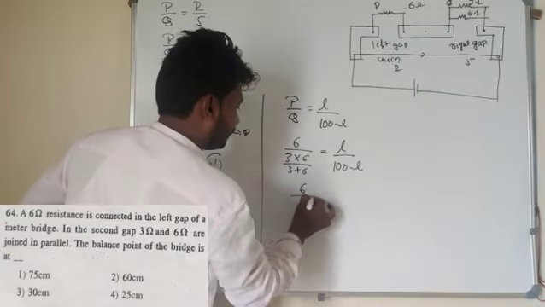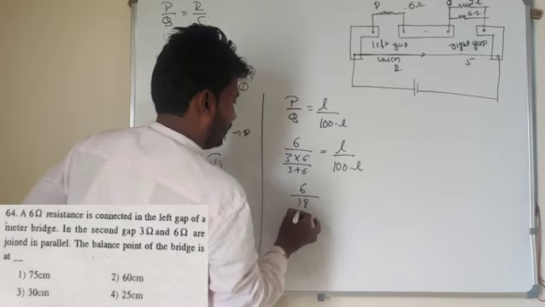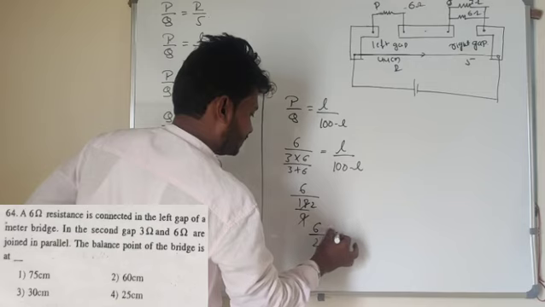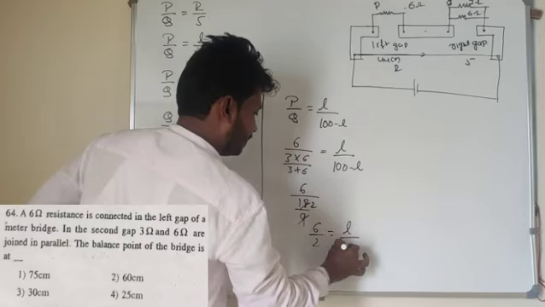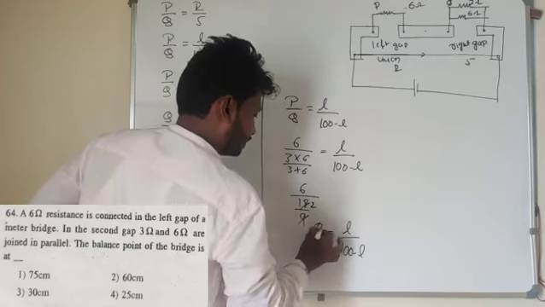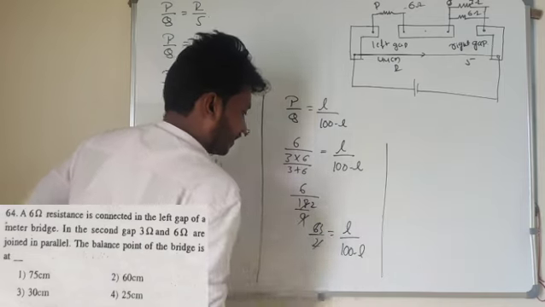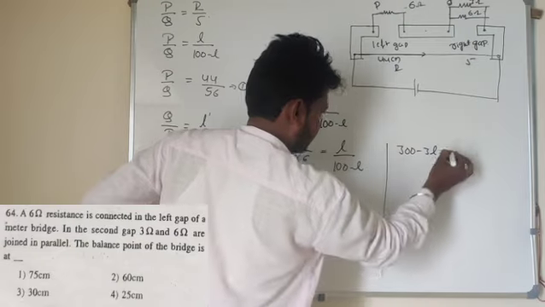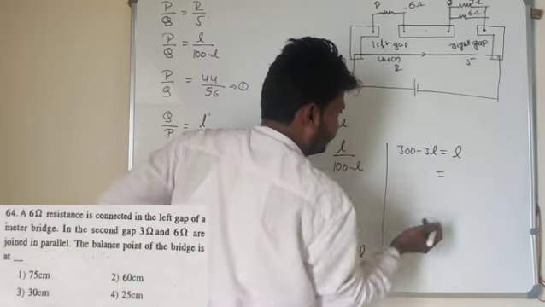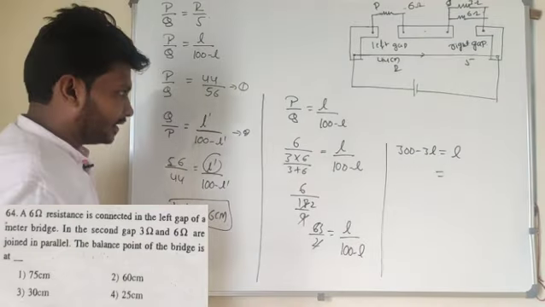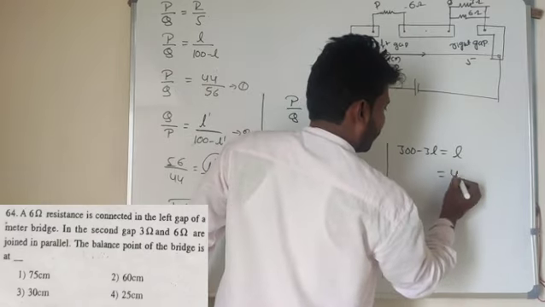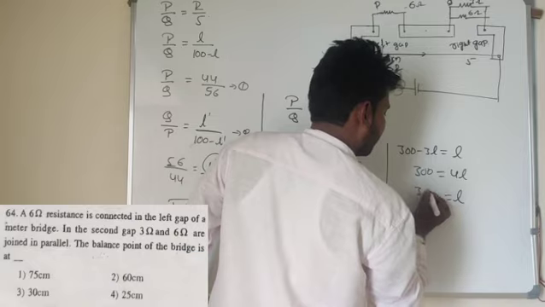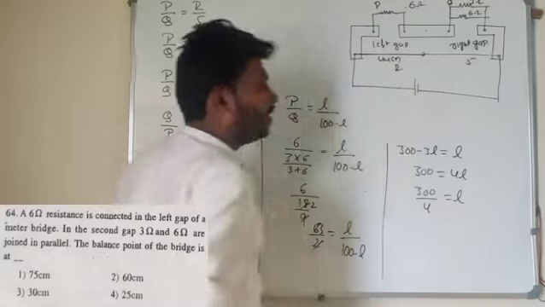Now look at here. 18 by 9. 6 by 2 is equal to L divided by 100 minus of L. So that is 3. 300 minus of 3L is equal to L. Okay. Now let me take that. 4L is equal to 300 here. L is equal to 300 divided by 4 here.